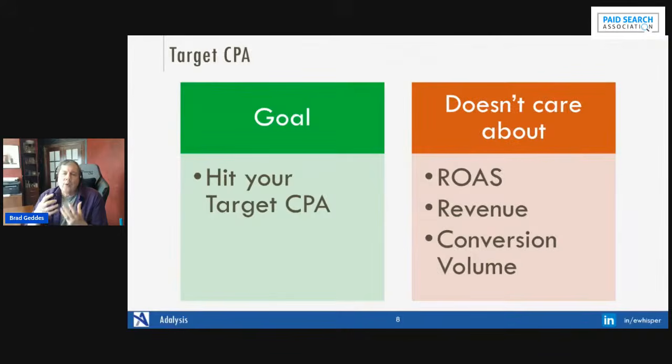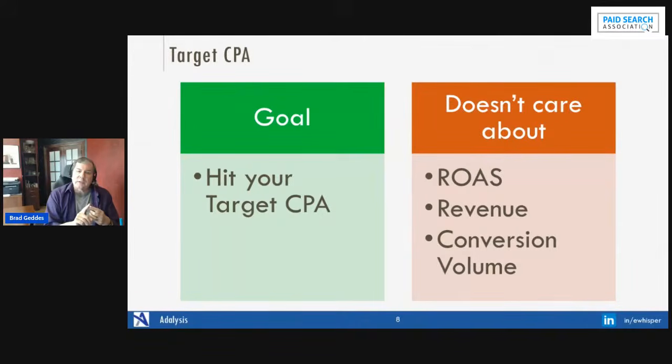Now, as you get more and more conversions, you often then graduate from max conversions to target CPA, right? And with target CPA, you're telling Google, hit my CPA target. I want to spend $20 a conversion, get me $20 conversions. So again, target CPA doesn't care about ROAS, revenue, or conversion volume, right?